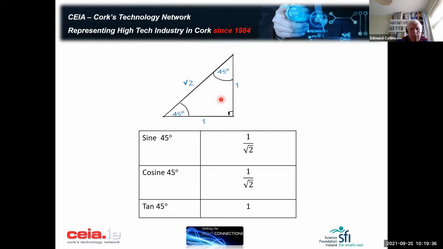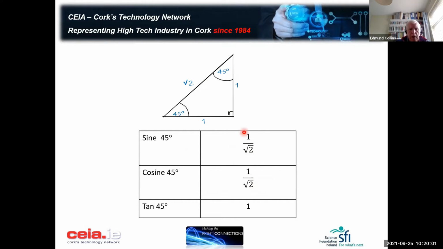We can see from Pythagoras' theorem that if we have 2 sides of length 1, the hypotenuse is going to be the square root of 2. And therefore the sine is going to be 1 over square root of 2. The cosine is the same in this case, 1 over the square root of 2, and the tan is 1 over 1, which is 1.